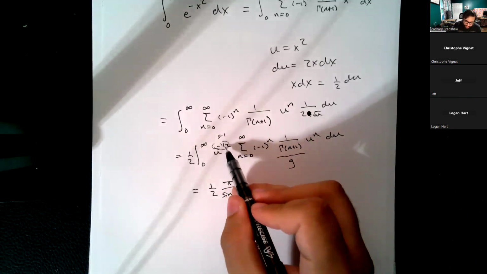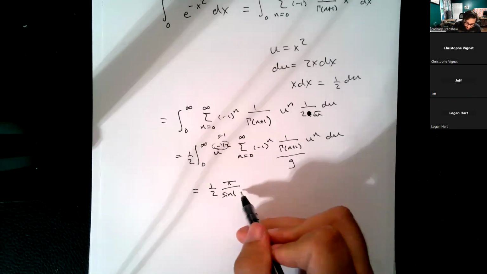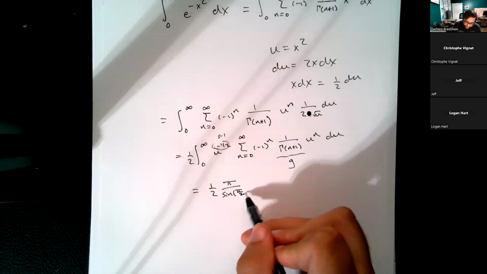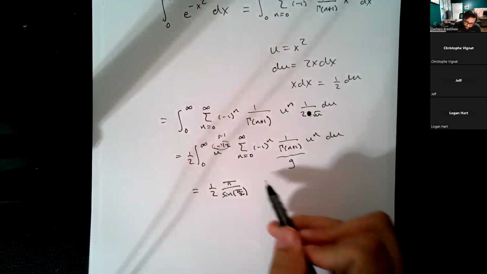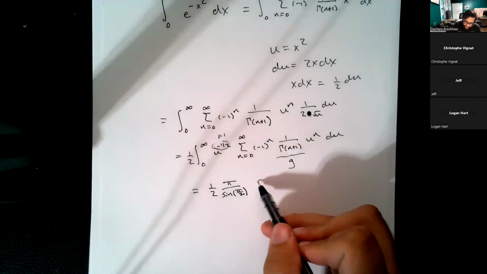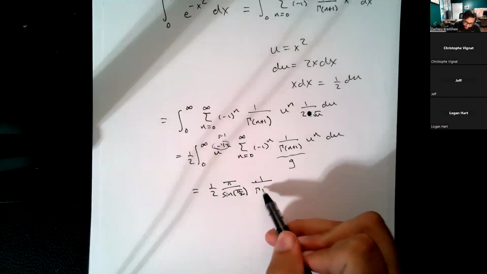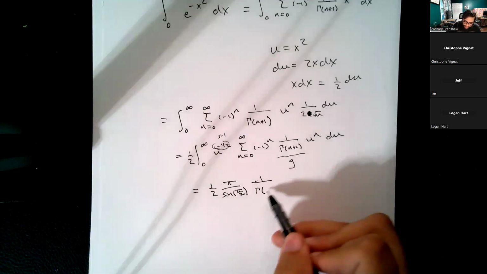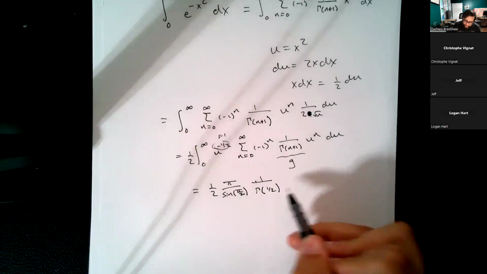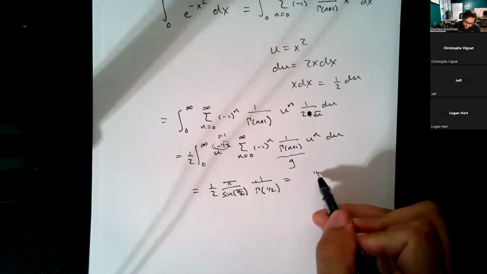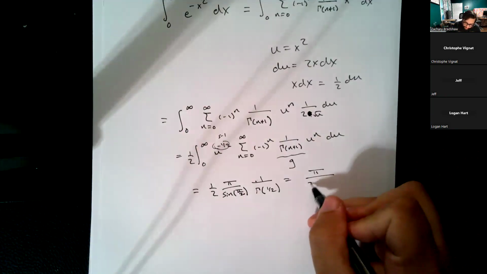We said s should be 1/2. So pi times s is pi over 2, times g of minus s. So that's 1 over gamma of 1 minus 1/2. That's 1/2. And this is pi over 2.